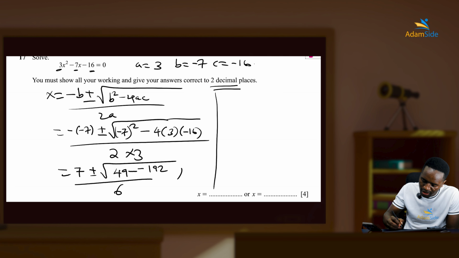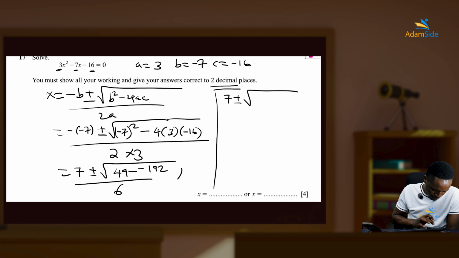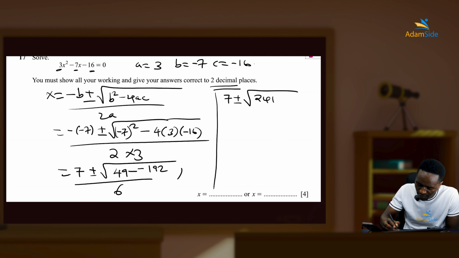Therefore you have 7 plus or minus the square root of 49 plus 192, you get 241, divided by 6.